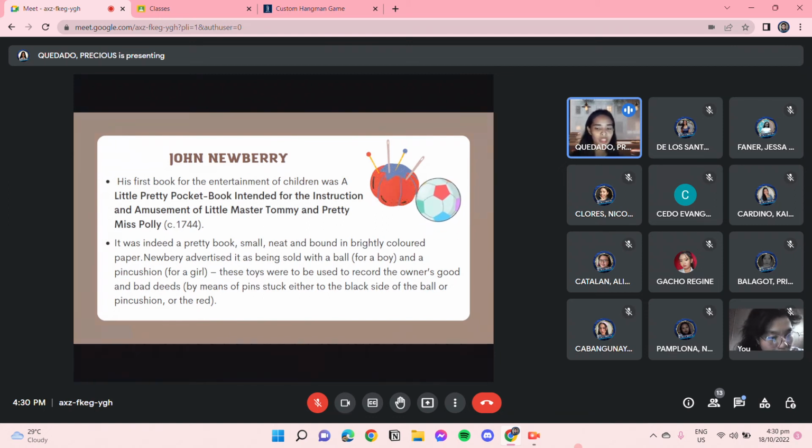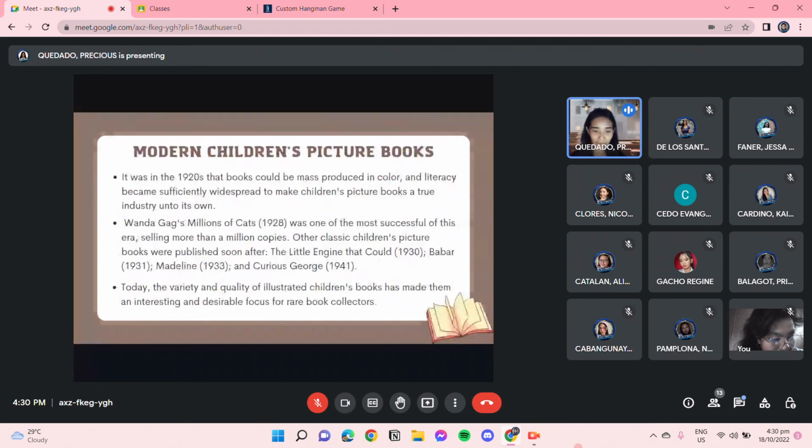They are also a record of the owner's good and bad deeds. The more pins stuck in, on either the black side or the red side of the pin cushion or the ball. So every time the child made a good deed, they would pin the black side of the ball or something like that. So that's how he did the commercialization of children's literature, or children's books, in his time.